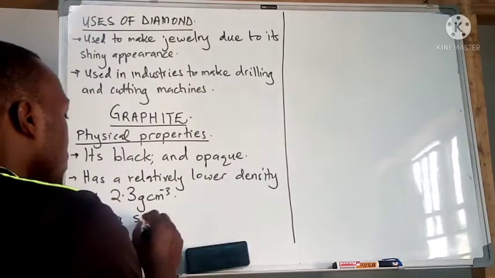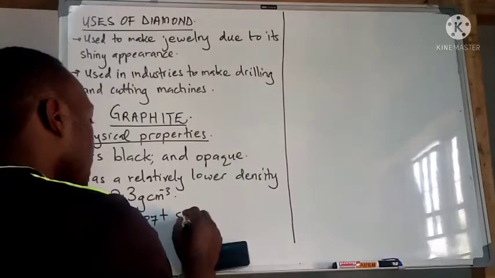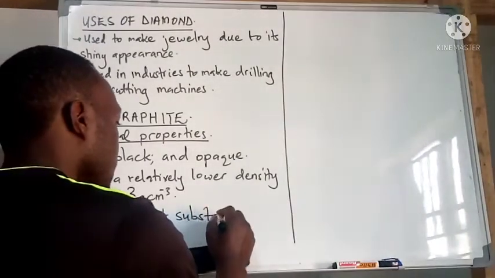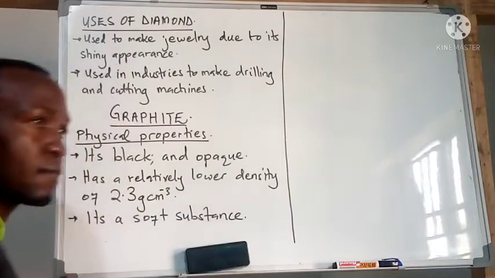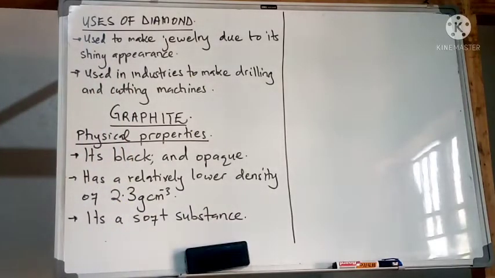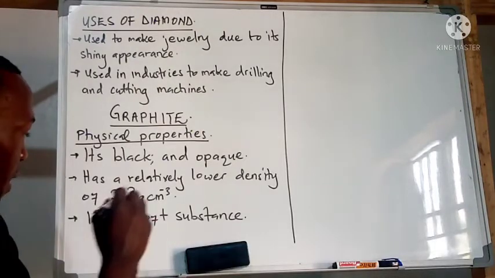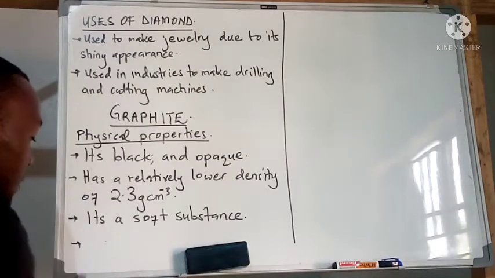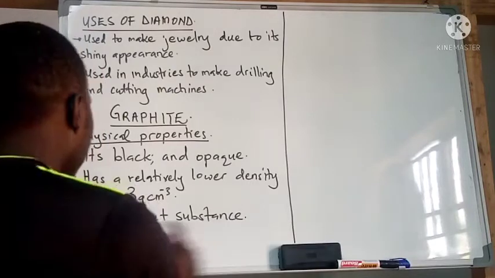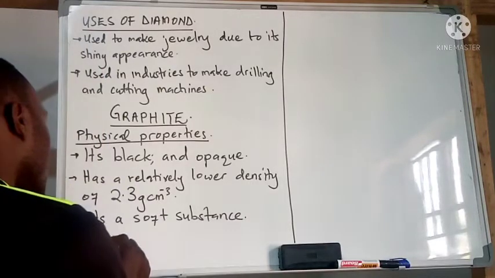It's a soft substance. It is a soft substance, unlike diamond, which is hard. Graphite conducts electricity.